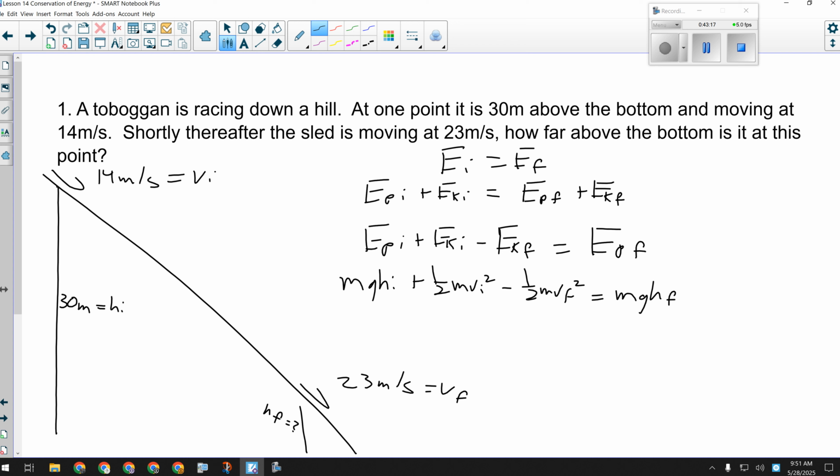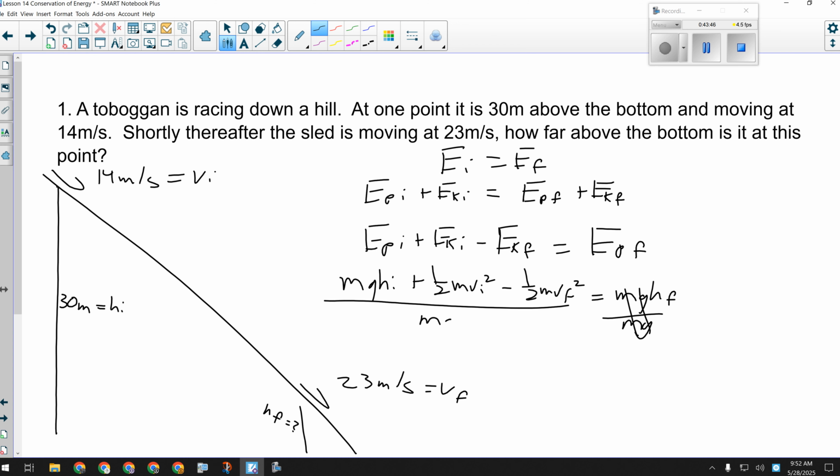Okay, ready to go over that one? All right, so if I'm going to isolate HF, all I have to do is divide both sides by M times G to bring it over to this side.